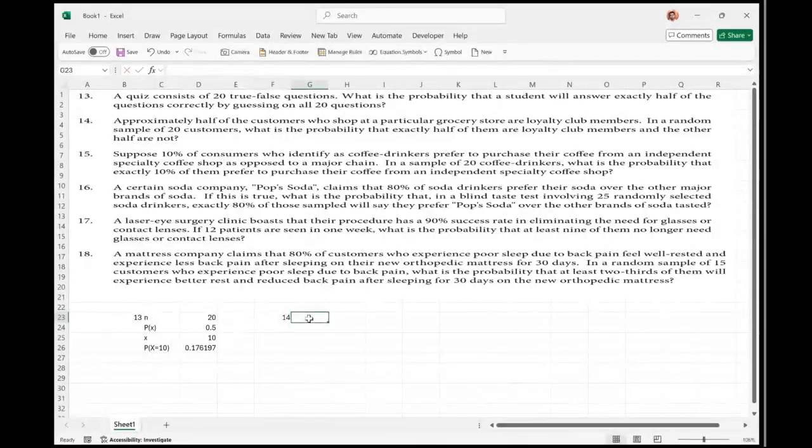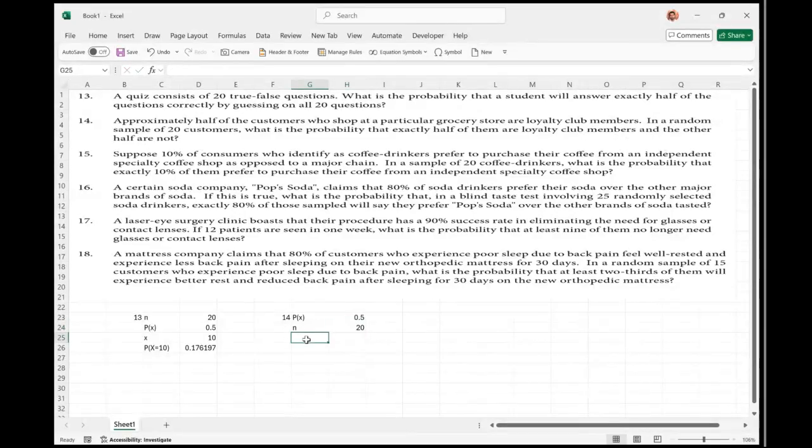So I can clearly say that the probability is 0.5. And other than that, we are also given a sample size of n equal to 20 customers. N is 20, and exactly half of them are loyalty club members and the other half are not.